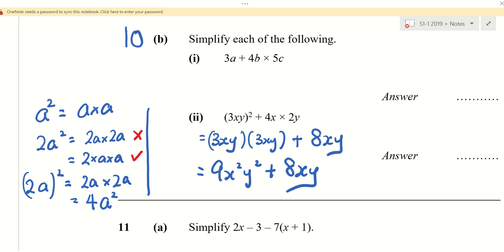So what is your answer? 3xy? No, I want to know what do you write for your bracket 3xy squared? Do you write 3xy? What do you write? 9. You put 3 square.